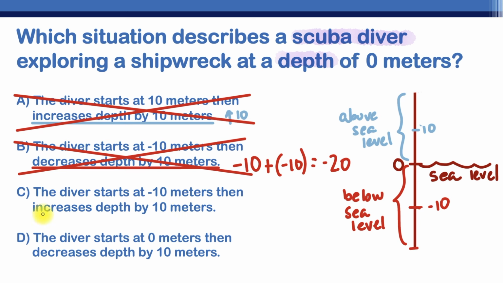Remember that increasing depth means that they're going up, and because we're increasing the depth by 10 meters, that means the scuba diver is traveling 10 meters up from here. And that would look like this. So the scuba diver starting here, and then going all the way up 10 more, which puts the scuba diver at 0, and that means that choice C is exactly what we're looking for.